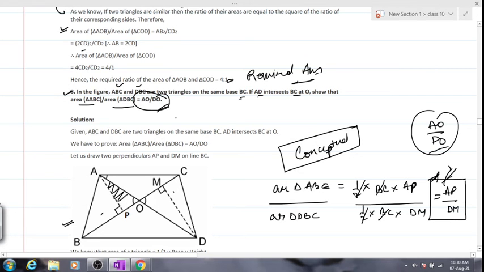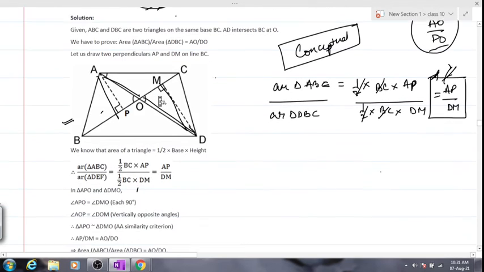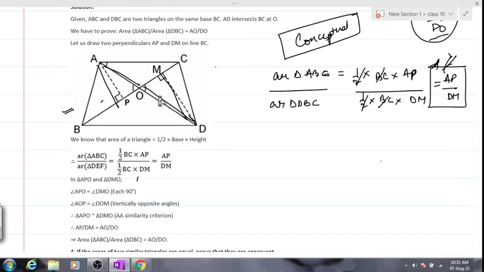In these two triangles, everything is given: vertically opposite angles, and then 90 degrees, 90 degrees. So by the angle criterion, I can say that these two triangles are similar, and once they are similar, the corresponding sides will be proportional. So AP by DM can easily be written as AO by OD, which was asked to prove. Is this numerical clear to everyone?